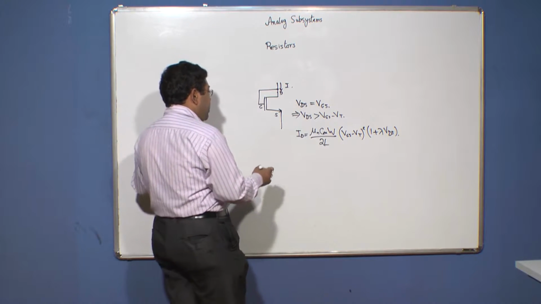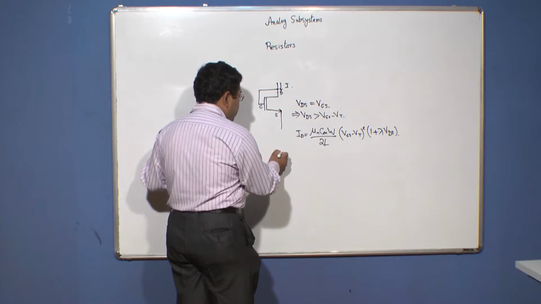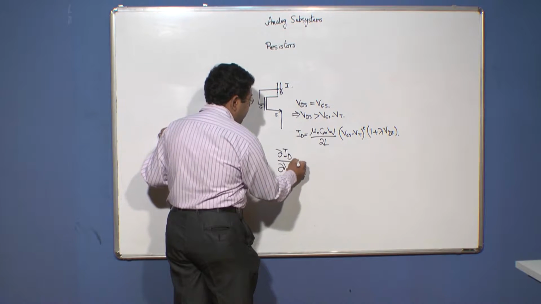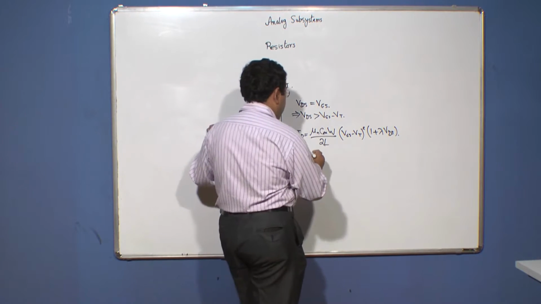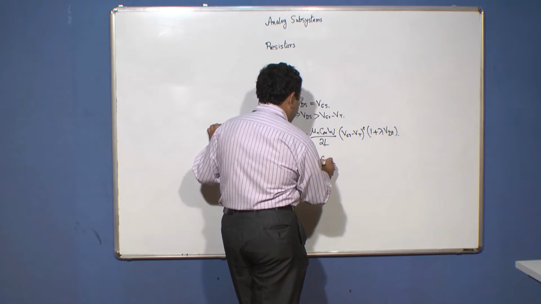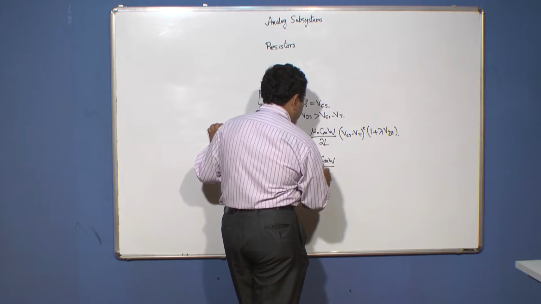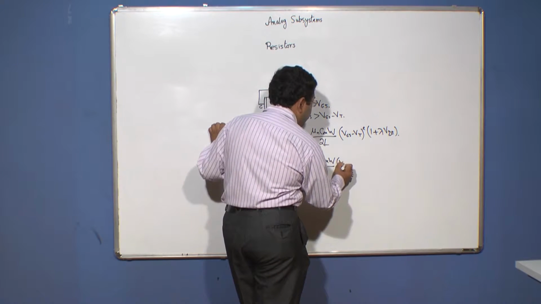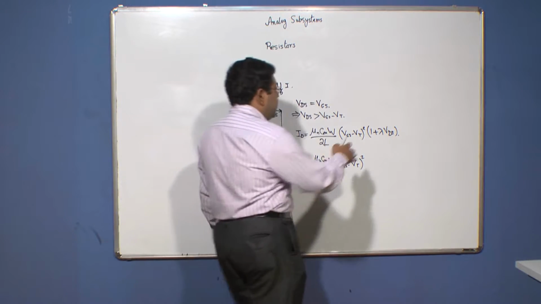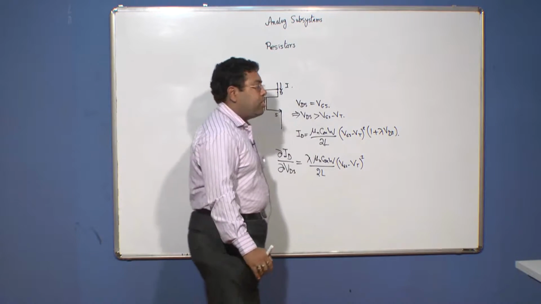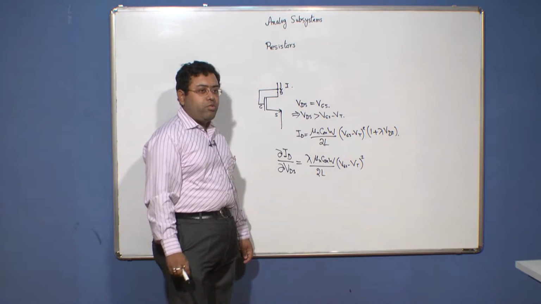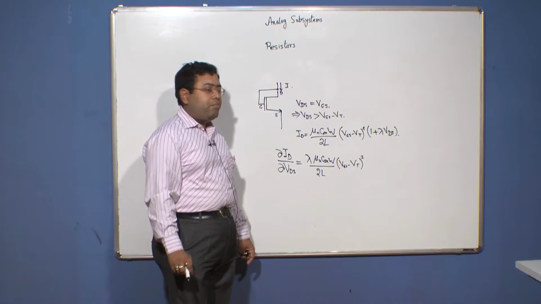So, now if we find out del ID del VDS, then it is equal to lambda mu n CoX W by 2L into (VGS minus VT) whole square, but this quantity is very small, since lambda is having a value of 0.04 per volt for an NMOS transistor and 0.05 per volt for a PMOS transistor.